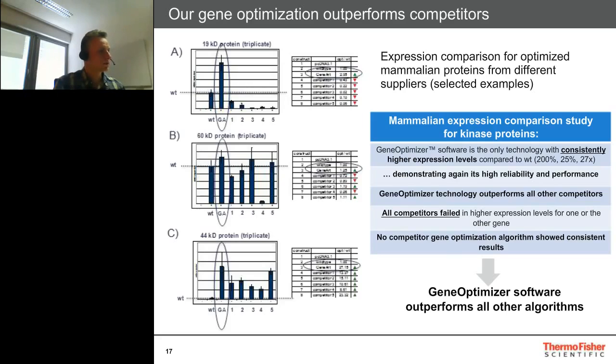So actually, the whole study showed that competitor optimization also increased expression versus wild type, but consistently, gene optimizer overall was better than the competitor optimization, because it's the only technology with consistently higher expression levels, and all competitors failed in one or the other. So gene optimization using the gene optimizer overall outperforms all other optimization approaches.